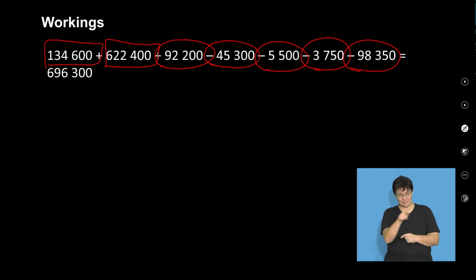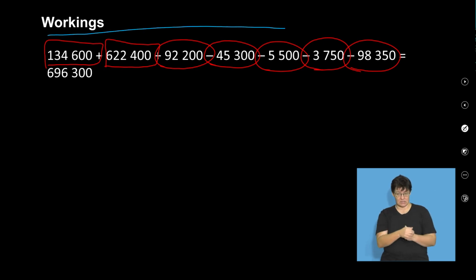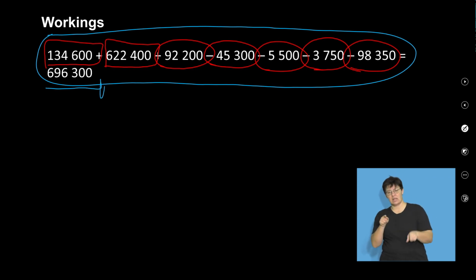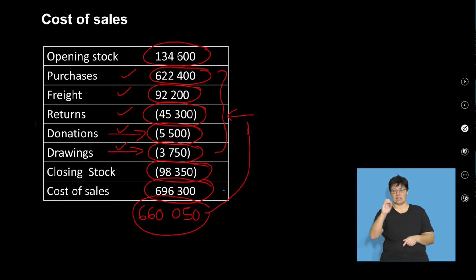If you are asked to do this calculation in a calculation format, then that is what it will look like. But you will get the same answer, 696,300, and if you're doing your table, there's my 696,300. Okay, let us summarize.